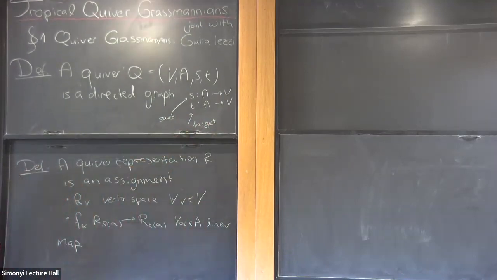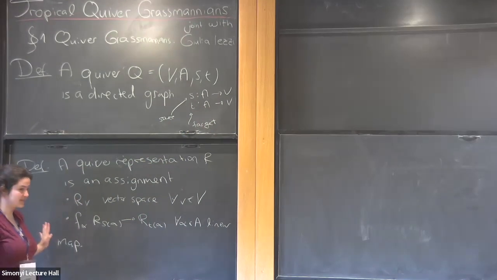Okay, so to each of my arrows, I have an associated linear map. And to each of my vertices, I have an associated vector space. And for the purposes of today, I'm going to assume that my vector spaces are all algebraically closed and of characteristic 0.